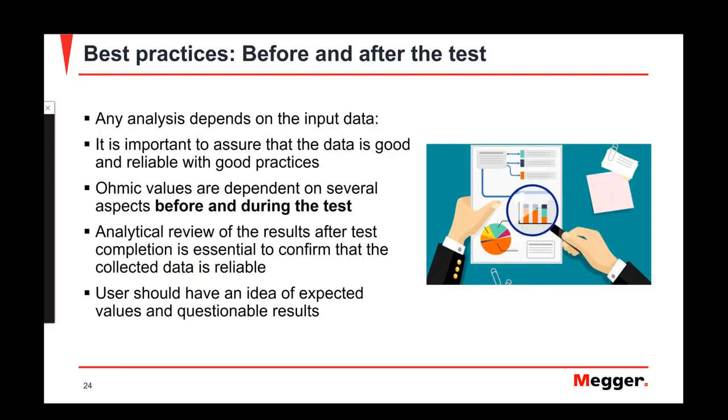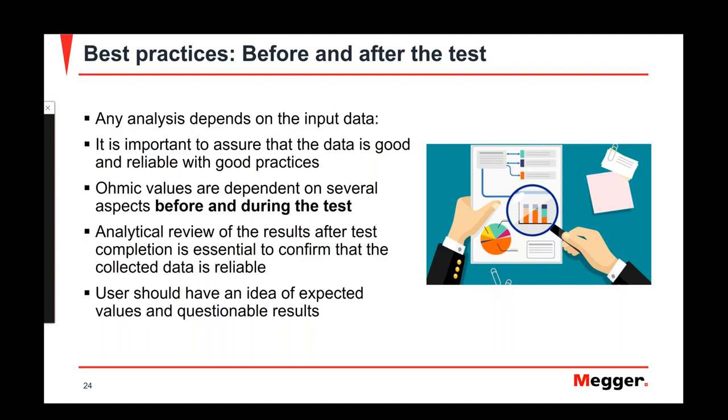Evaluating the health of your batteries is highly dependent on the input data we provide, and the best way to do this is by following thorough testing practices. The ohmic values that we obtain are very dependent on the aspects of this, both before and after the test, and so this preparation needs to be done.